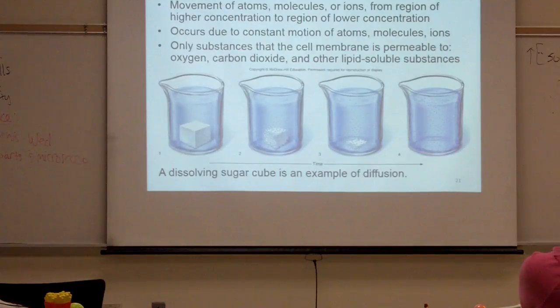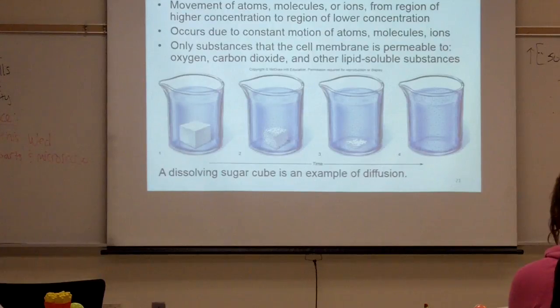So why is this? Why are these things free to move through the cell membrane, they get a free pass? Any ideas? What do those things have in common? They are all fat soluble, so the phospholipids will allow them to come in and out more freely than your sugars and other molecules that are not fat soluble.